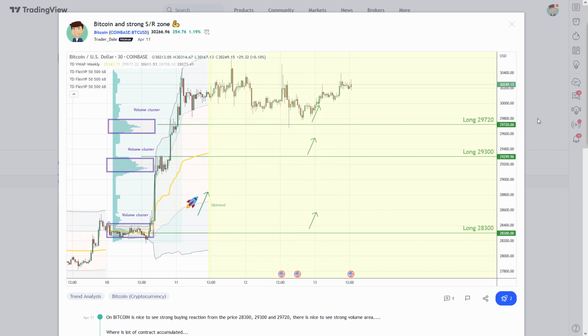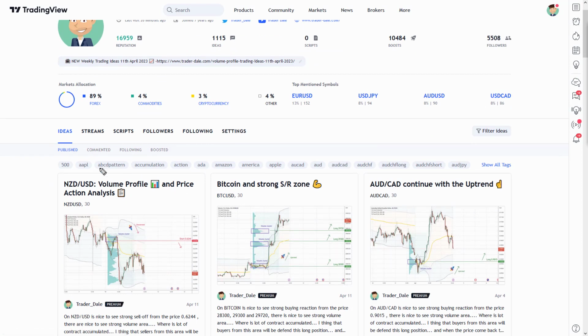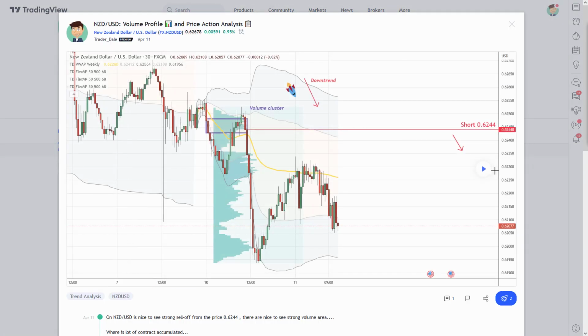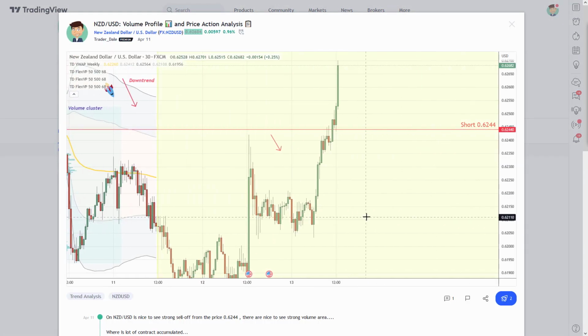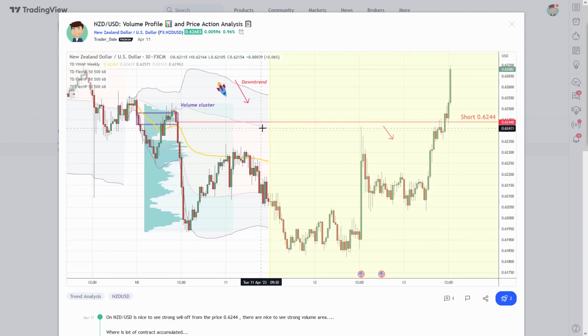Another reaction occurred on the New Zealand dollar, US dollar, which was in here. Also prediction which I sent you on Monday. Unfortunately, the price tested that level a little bit sooner. It was 2 pips before the level. This was the level right here. This was the reaction.